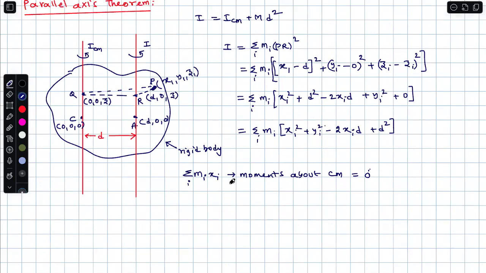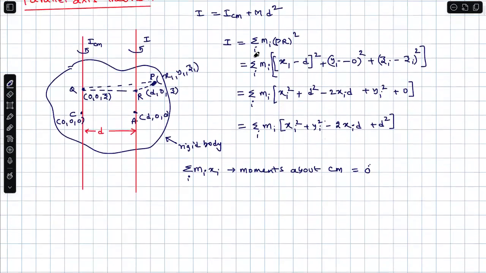Now, what finally I could write is the moment of inertia about this axis. What is this axis? AB. The moment of inertia about AB is finally sigma m_i. We will make a note later. Now we need to prove this is equal to this plus this. I'll do it, no issues.